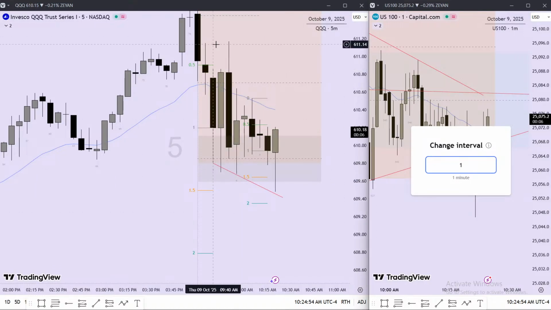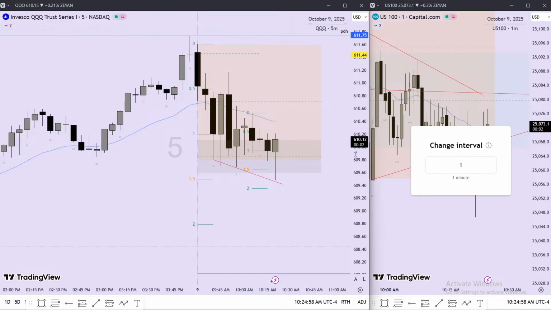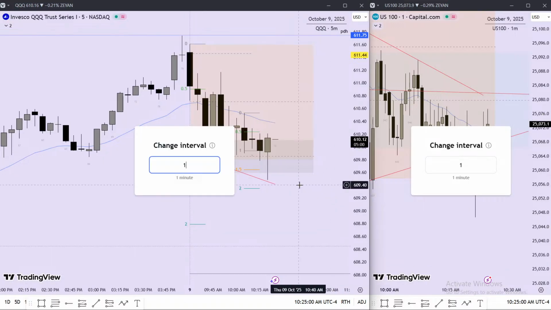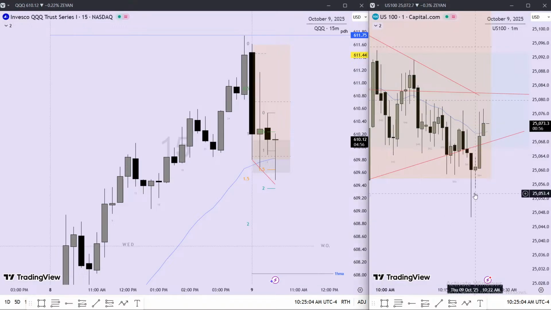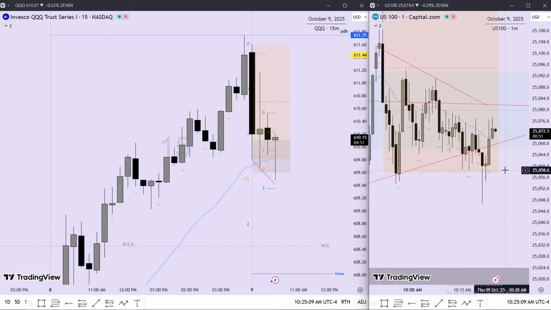So as long as we are within this range, we won't go anywhere, or we can go down. It's slightly more biased to the downside. But for me to execute on that idea, this is my validation, which would be 25,057.